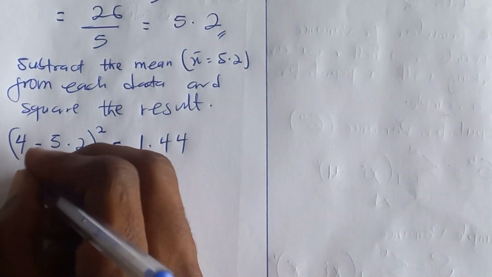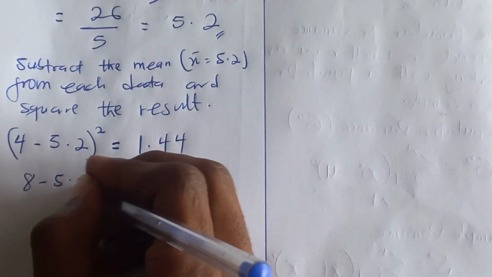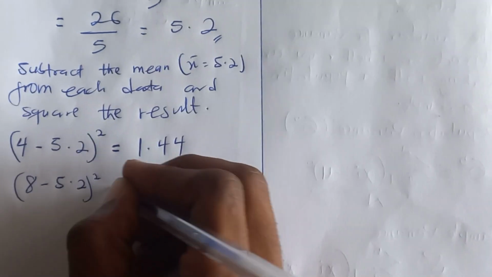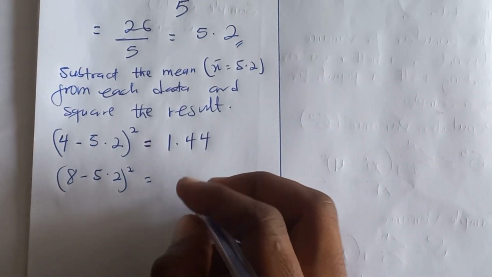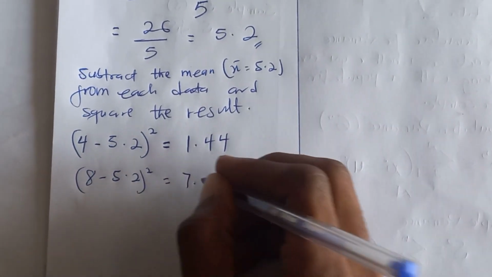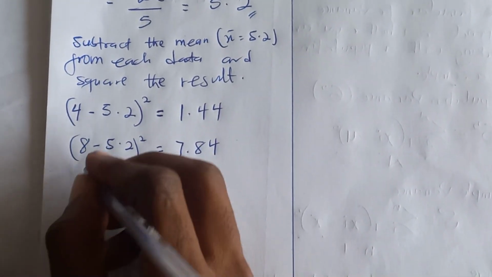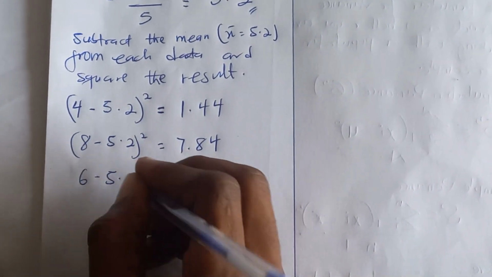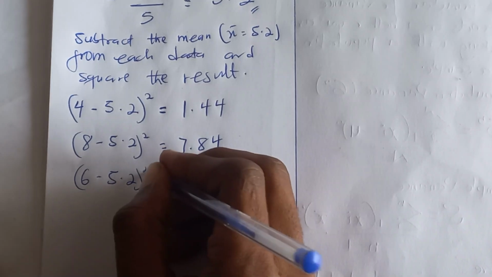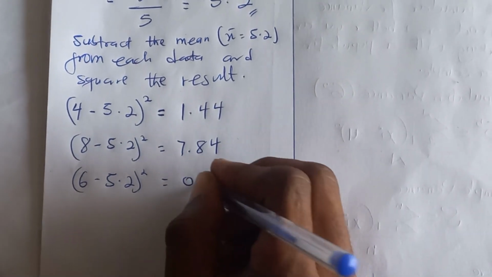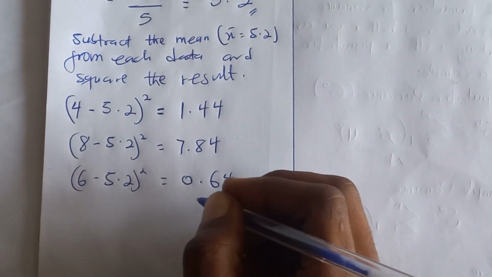The second number, 8 minus 5.2, all squared, gives 7.84. Then 6 minus 5.2, all squared, gives 0.64.